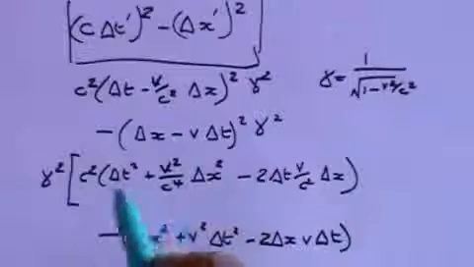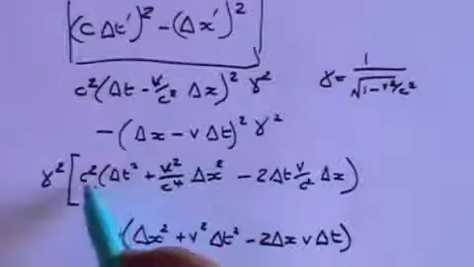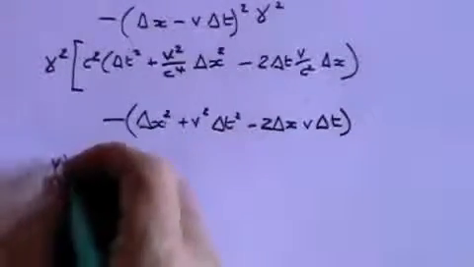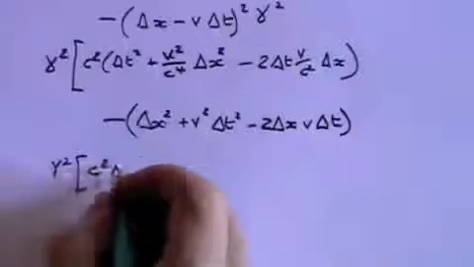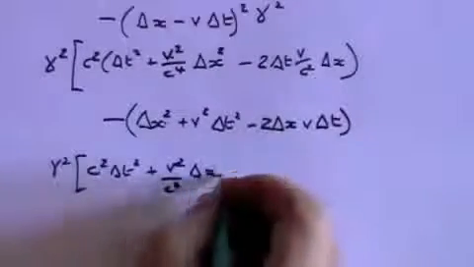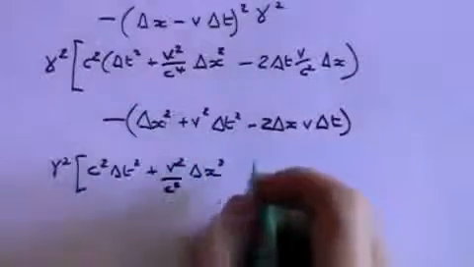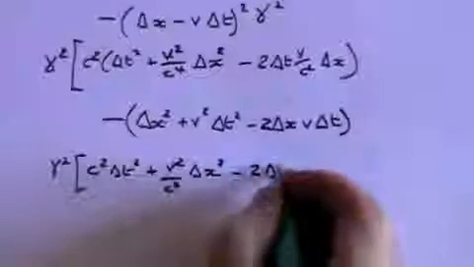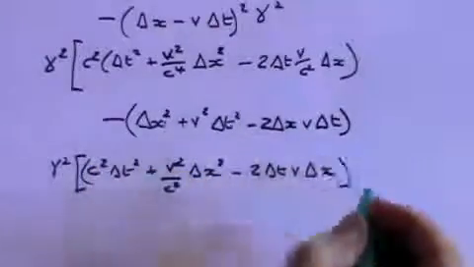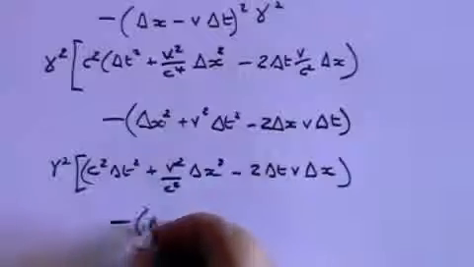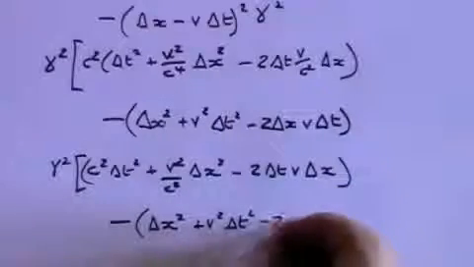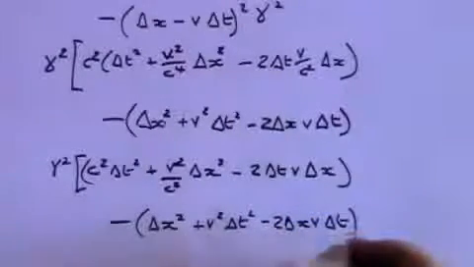Now what we can do is multiply this term through by c squared, because there's the c squared. We're just going to multiply everything through. So this now becomes gamma squared still on the outside, c squared delta t squared plus v squared over c squared delta x squared, because the c squared cancels there, minus 2 delta t v delta x, minus this term here, which doesn't change, delta x squared plus v squared delta t squared minus 2 delta x v delta t.